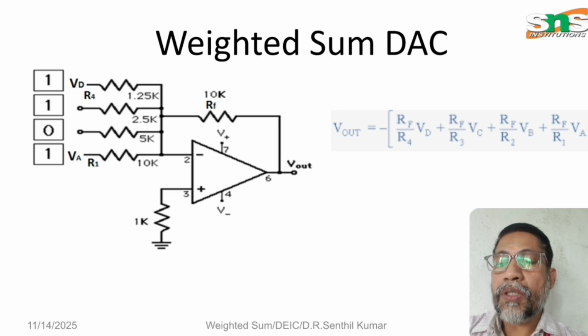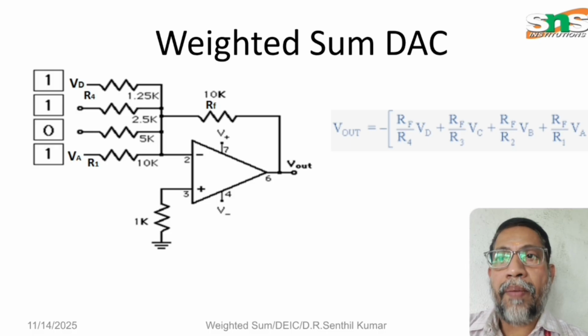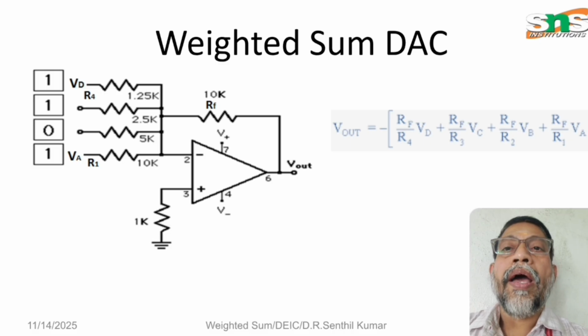Therefore, substitute into the summing amplifier. RF is 10. 10 divided by 10 for VA is 1. 10 divided by 5 for VB is 2. 10 divided by 2.5 is 4.